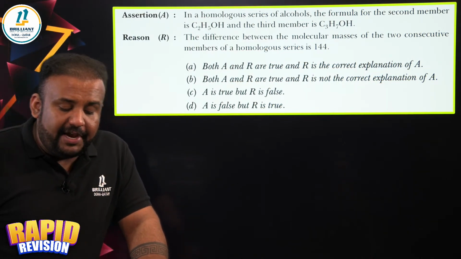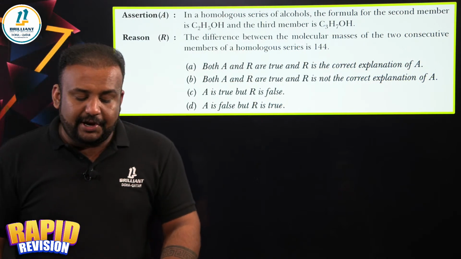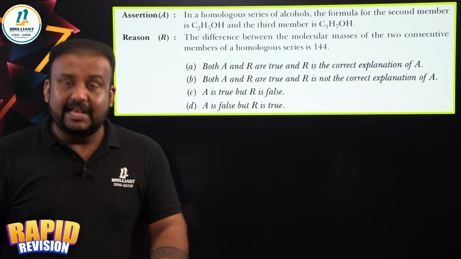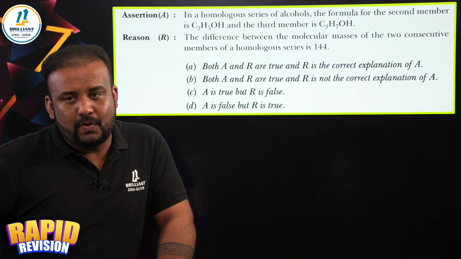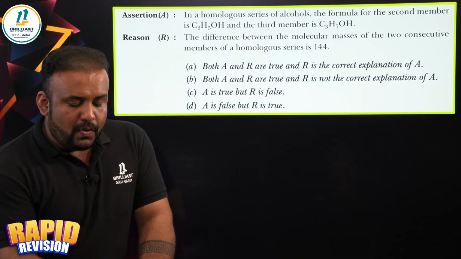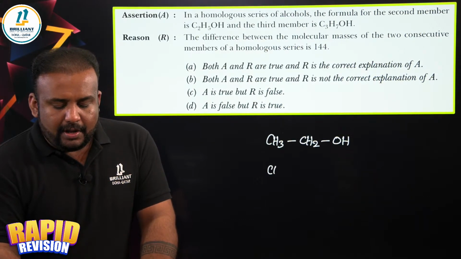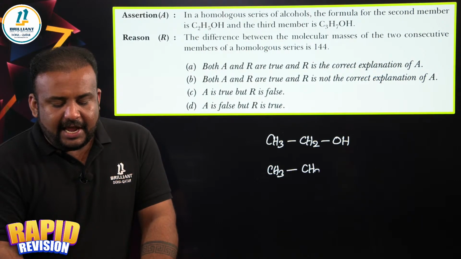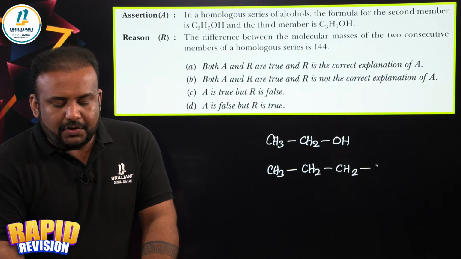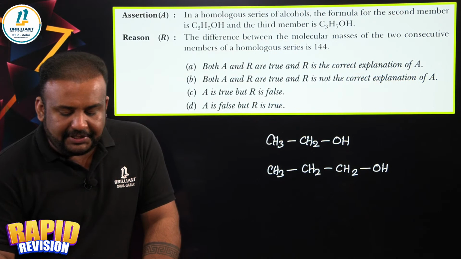The difference between the molecular mass of the two consecutive members of a homologous series is 144. Is that true? CH3CH2OH, this is ethanol. Then we have CH3CH2CH2OH. What is the difference between these two?